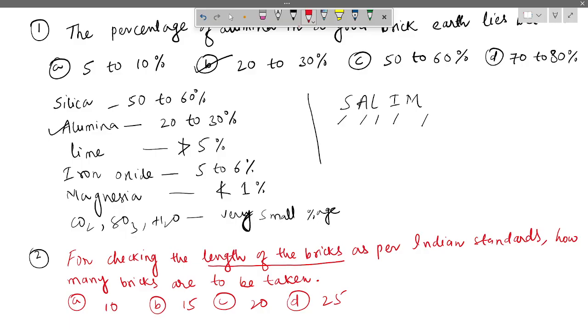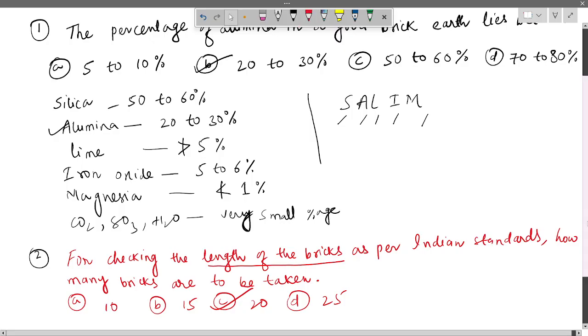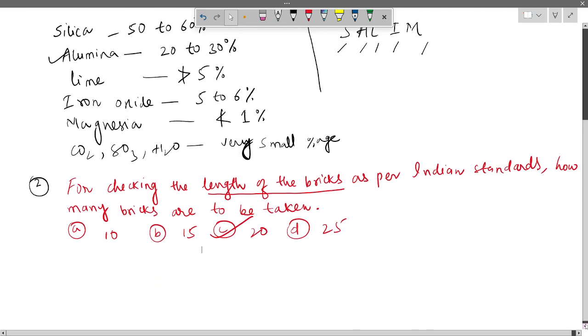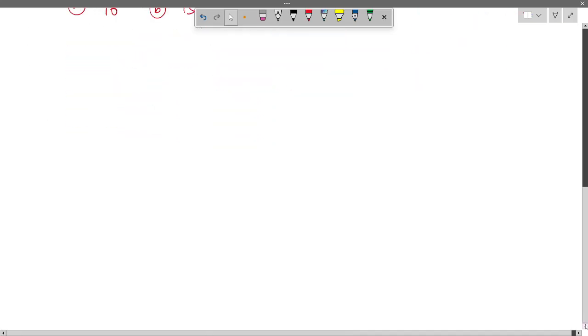Yes, the answer will be C. 20 bricks are to be taken randomly. It is a very good question. Please note it. Now we will solve the third one.